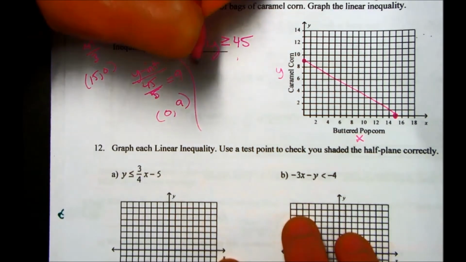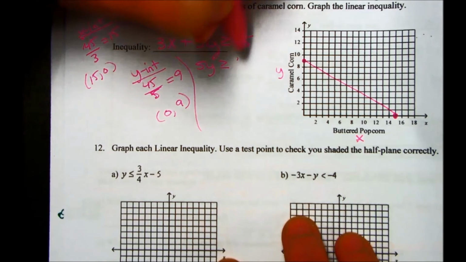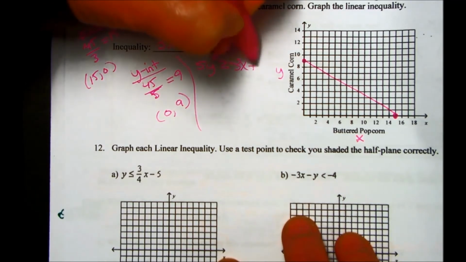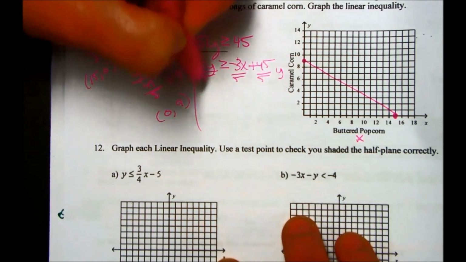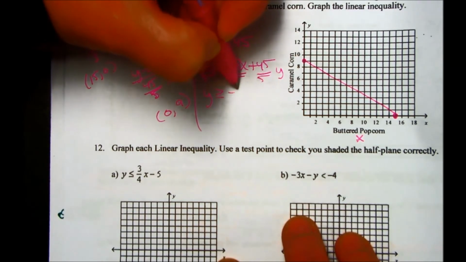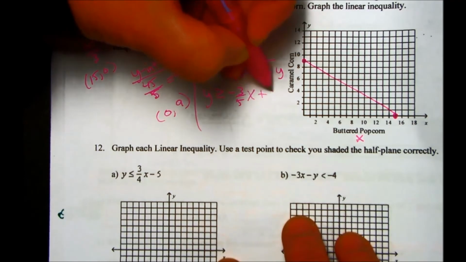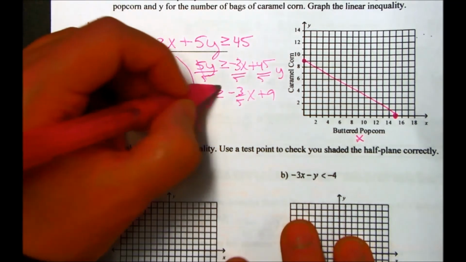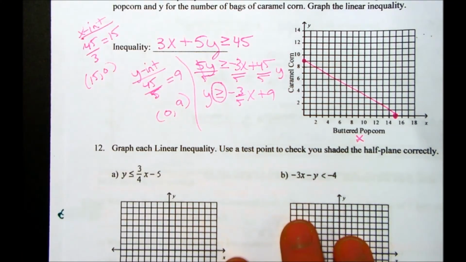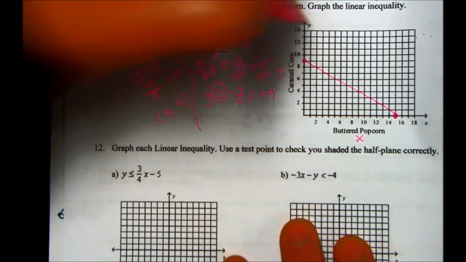If I subtract 3x, I would have 5y is greater than or equal to negative 3x plus 45. If I divided by 5, I would get y is greater than or equal to negative 3/5 x plus 9. So when we solved for y, the sign did not flip. So that greater than sign does mean we would shade above.